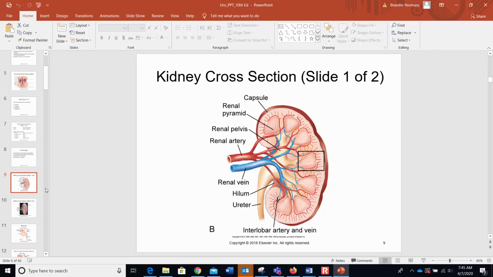Alright, so here's a cross-section of the kidney, and it looks kind of cool because we've just slit that kidney in half so we can see how it looks on the inside. You have these renal pyramids, which look like not real pointy pyramids, but they are pyramids. And these are very distinct when you look at the kidney.